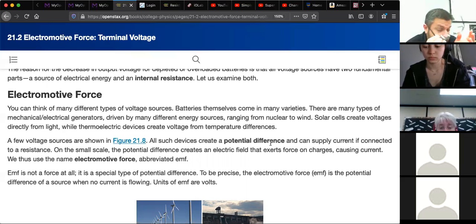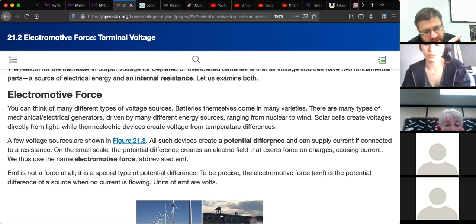Electromotive force was the name that they used for voltage before they really understood what voltage was. And they called it the electromotive force because they thought, well, we're moving electricity through wires, so there's obviously some force involved, and we're going to call it the electromotive force, which means the electric movement force, right?